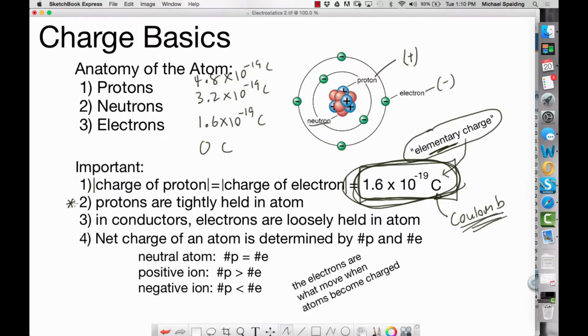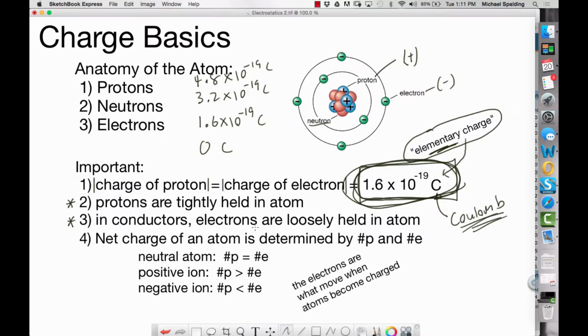Protons, when in the atom, are held very tightly, especially amongst solids. So protons are not free to move. Now, number 3, in conductors, electrons are loosely held. So what's the implication of that?